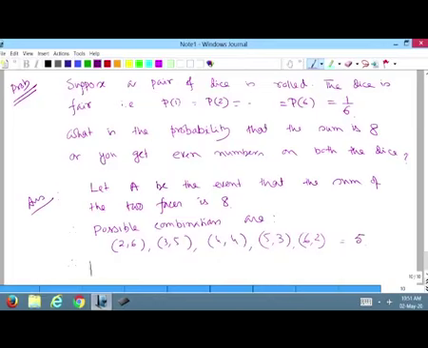Therefore, probability of A is equal to 5 upon 36, since there are 36 points or 36 pairs of points in omega.